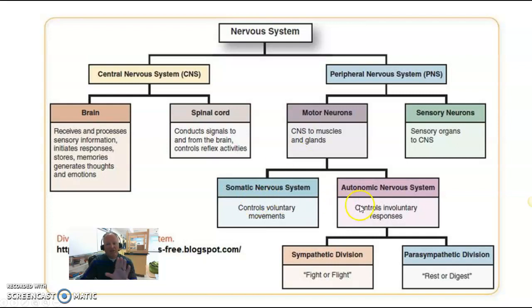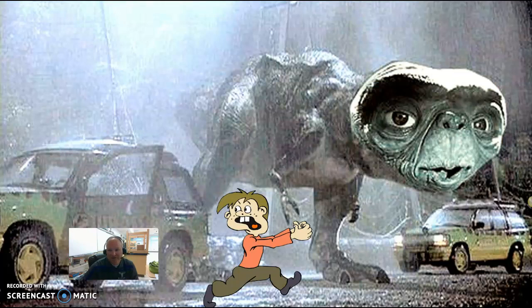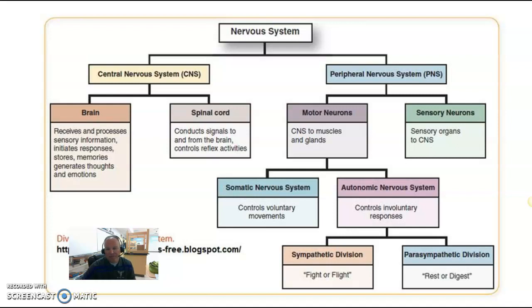Cardiac and smooth muscles, autonomic. But what do you want the autonomic to do? Do you want them to go crazy? Sympathetic. Do you want to focus on digestion? Parasympathetic. And that right there, ladies and gentlemen, is the organization of your nervous system to run away from E.T. Okay, if you don't know me very well, I'm terrified of E.T.